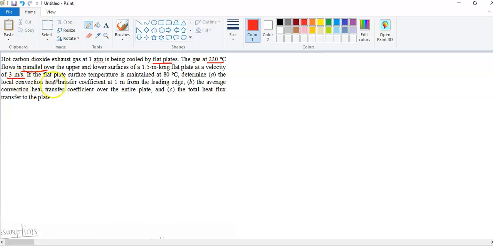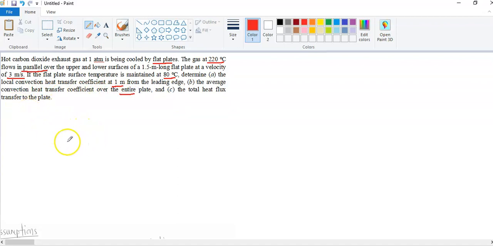If the plate surface temperature is maintained at a constant 80 degrees centigrade, you have to calculate the local convection heat transfer coefficient at 1 meter from the leading edge, the average convection heat transfer coefficient for the entire plate, and the total heat transfer.